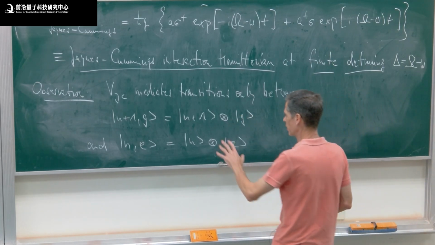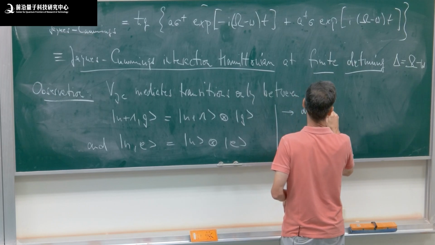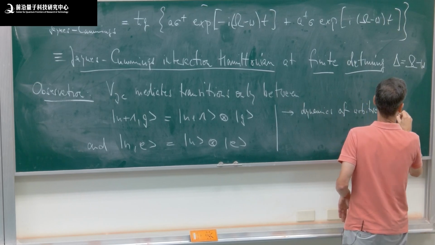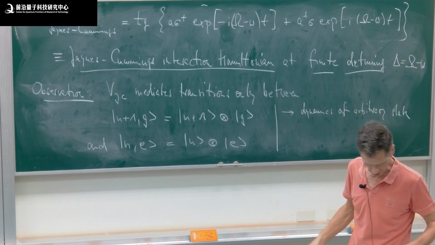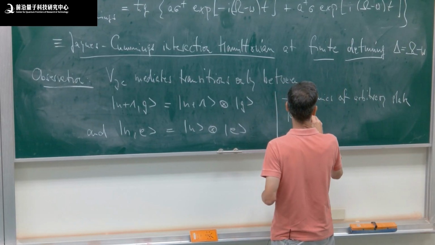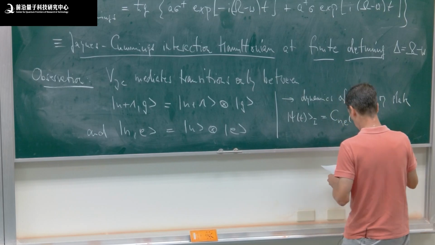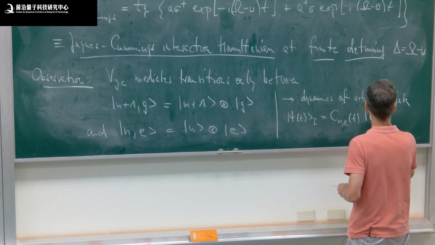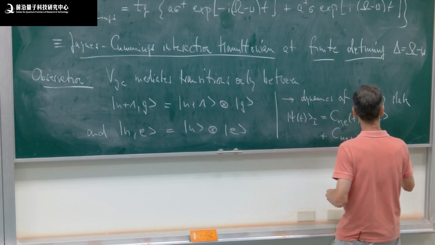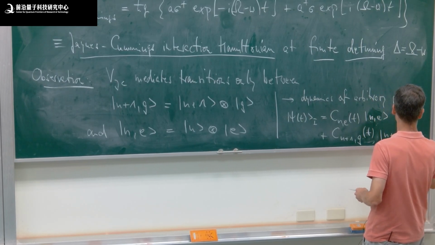Now what we are interested in: we want to infer the dynamics of an arbitrary state of the atom and the field, psi of t in the interaction picture, given as C_n,e of t times |n, e> plus C_n+1,g of t times |n+1, g>, right?